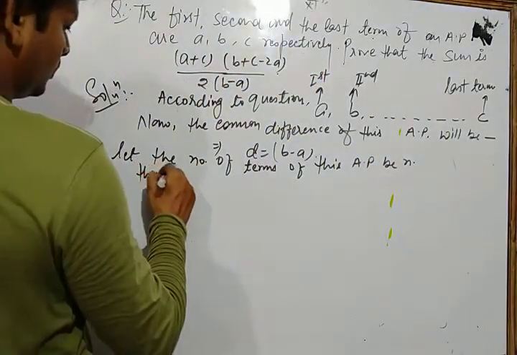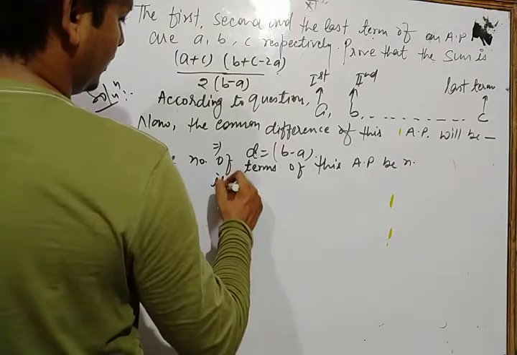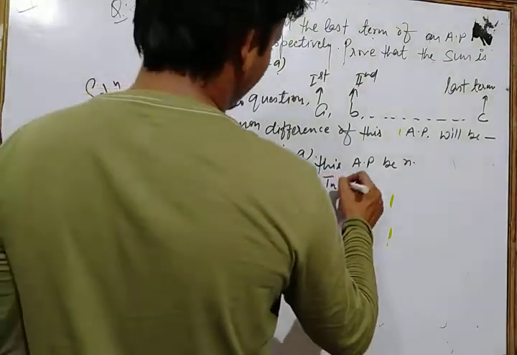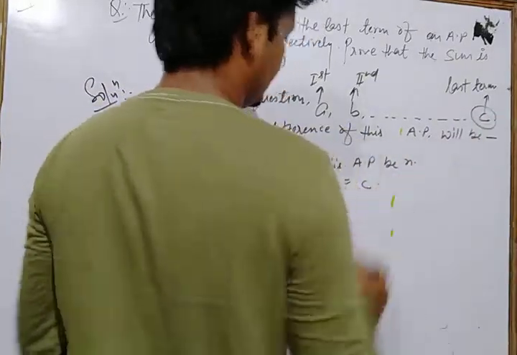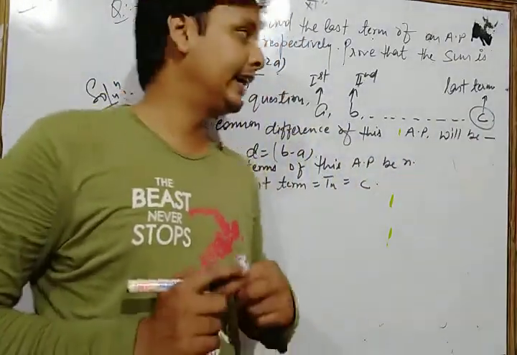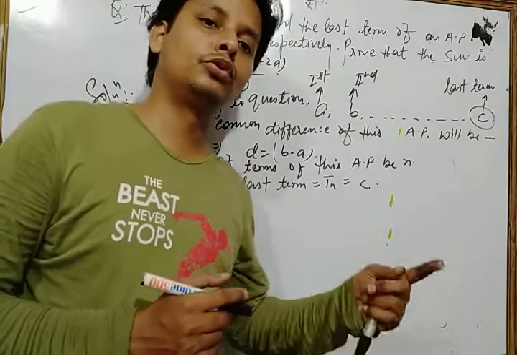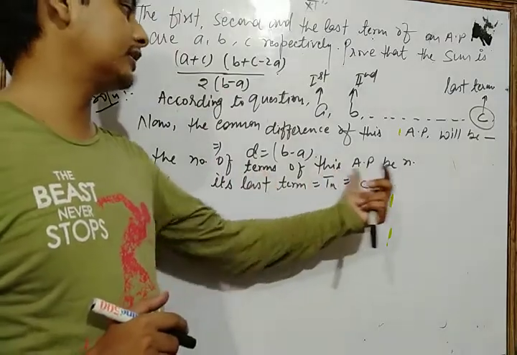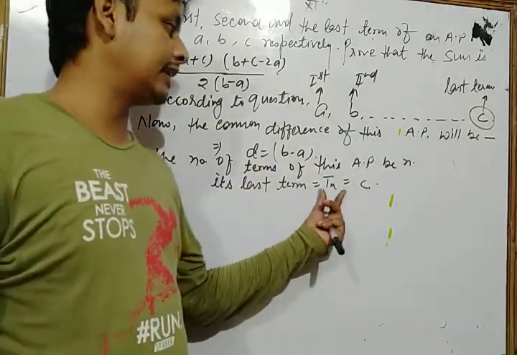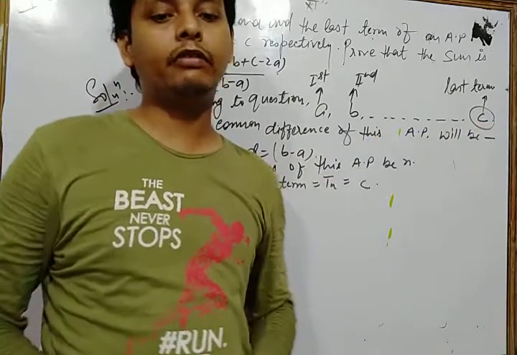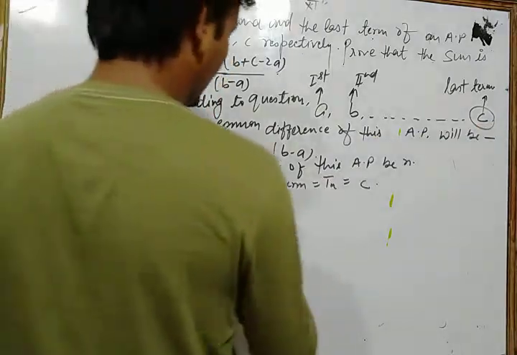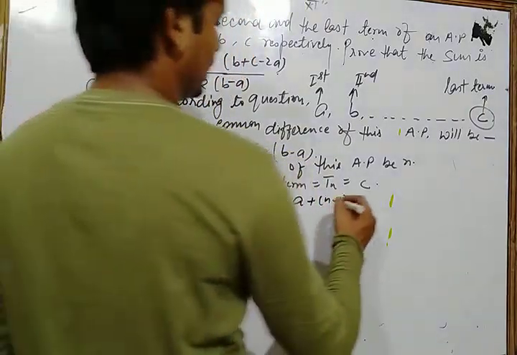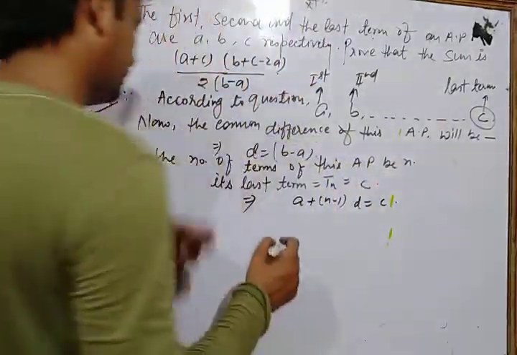Then its last term, meaning its nth term, will be C. According to the question, the last term is also known as its nth term. So the nth term is equal to C. Now we apply the formula of the nth term of an AP: a plus n minus 1 into d is equal to C.